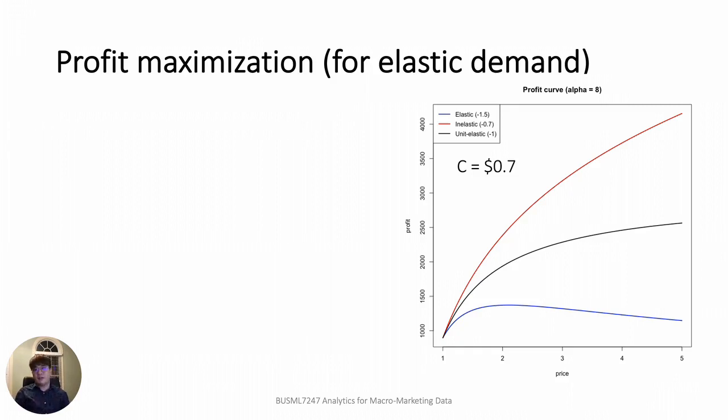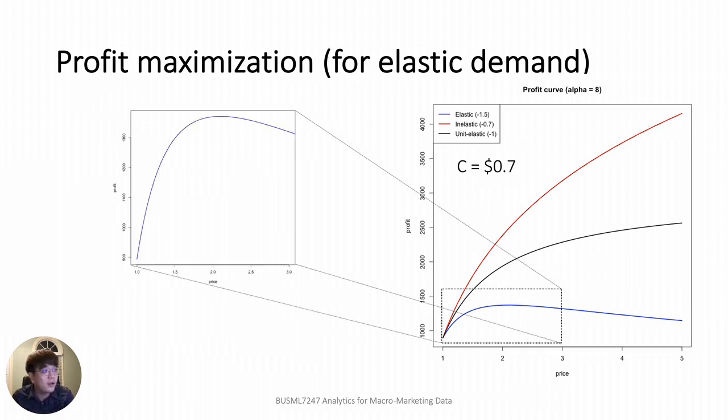Now, let's graphically investigate the analytic solution of the profit maximization. This is the same profit curve graph as before. And let me enlarge this part for the profit for the elastic demand case with prices in between 1 and 3.